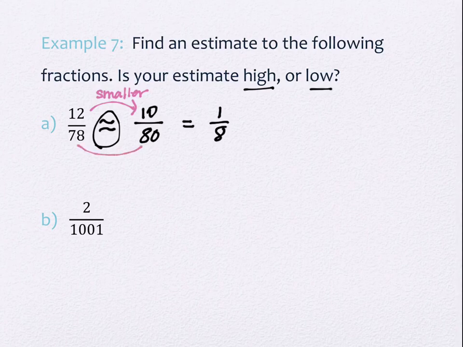And if I make my denominator bigger, that also creates a smaller fraction, because I've got more people I'm dividing something among. So I've made my numerator smaller and I made my denominator bigger to make the fraction smaller. Right? This fraction became smaller. Then overall, this is a low estimate. It got smaller than it originally was.